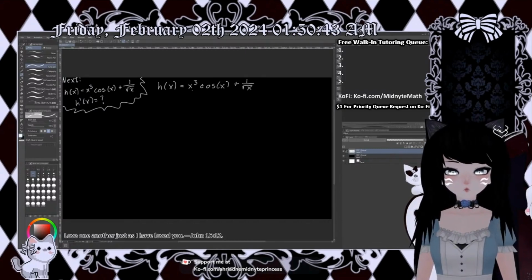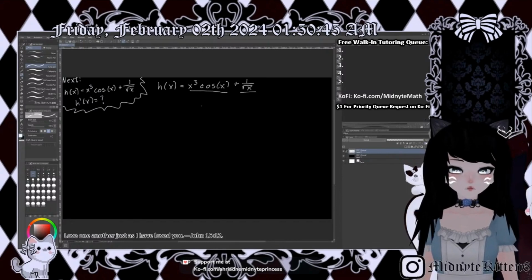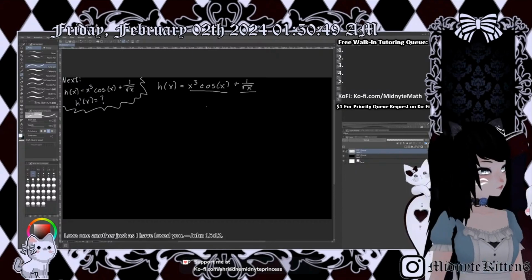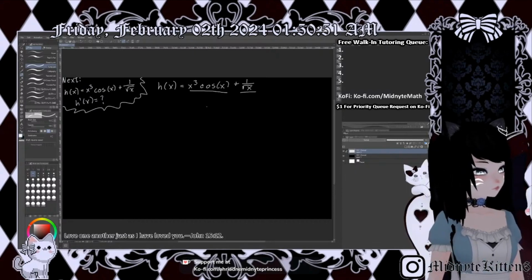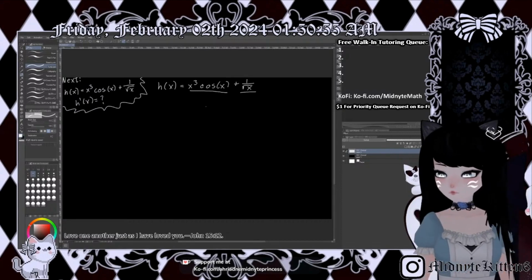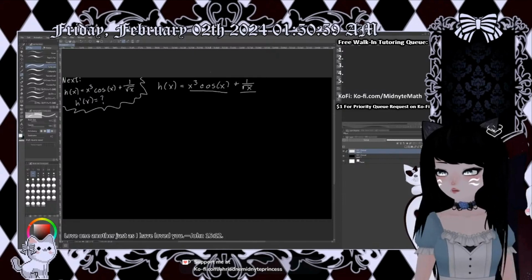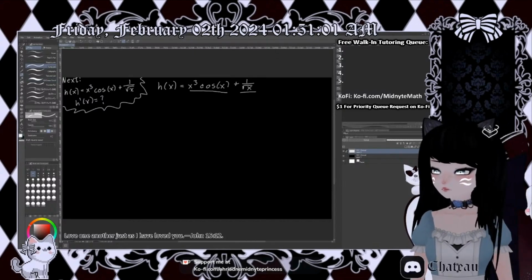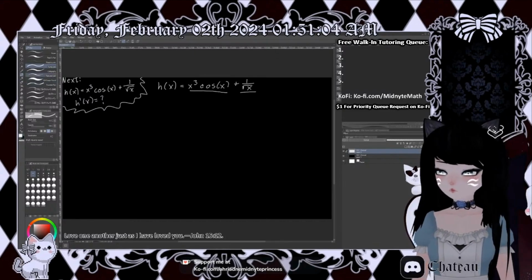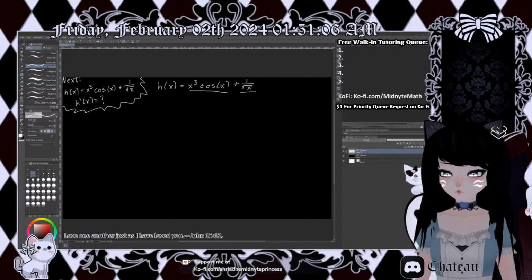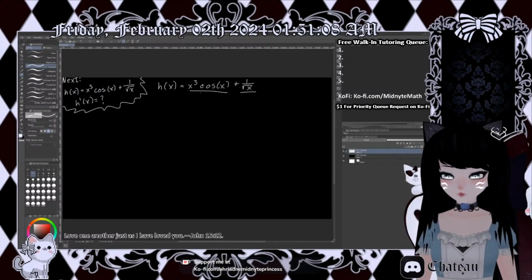We have 2 terms. Oh, mine went blank. Terms! 2 terms, there we go. We have 2 terms. For this one, we're going to use the product rule and chain rule.